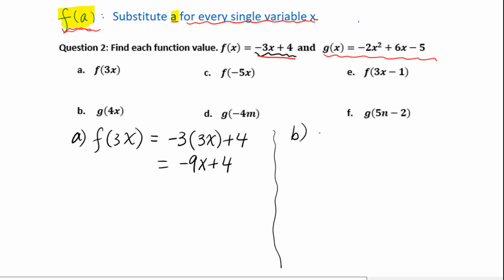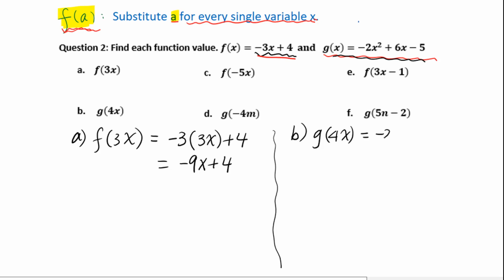Let's go to B. g of 4x equals, this is g of x, negative 2x squared plus 6x minus 5. Every single x will be changed into 4x.